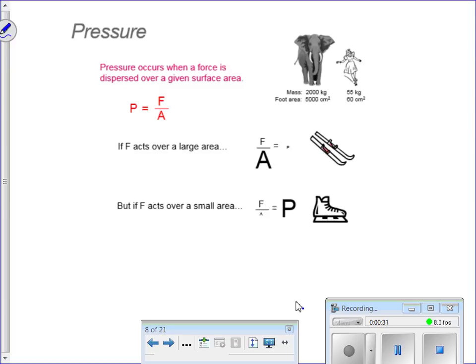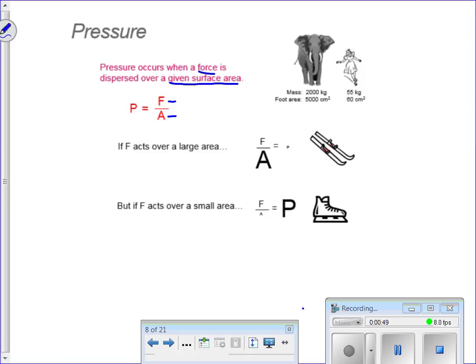So pressure occurs when a force is dispersed or exerted over a given amount of surface area. So pressure can be thought of as force per unit of surface area, okay?